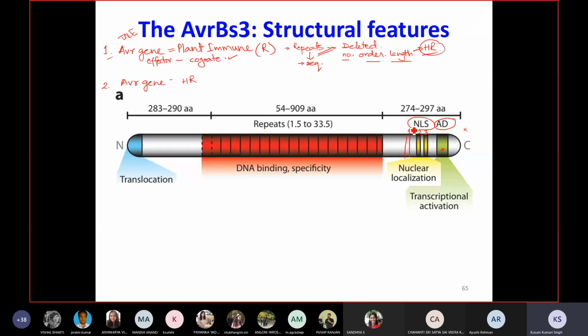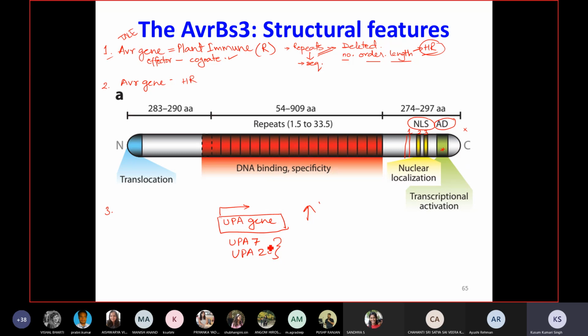Then at the end of the second lecture, we also saw that when these AVR genes enter the plant cell, they upregulate some proteins. These were called UPA genes, meaning upregulated by AVR, and most of these were found as UPA7 and UPA20.